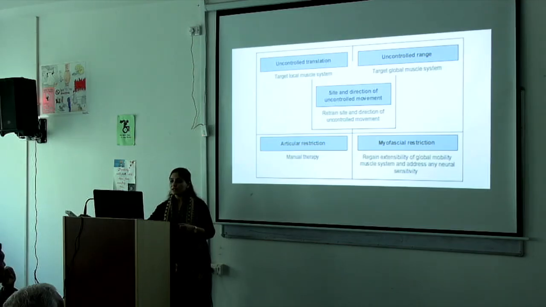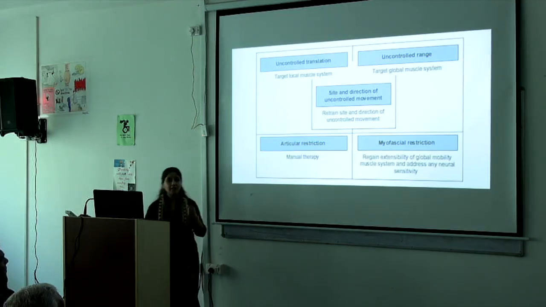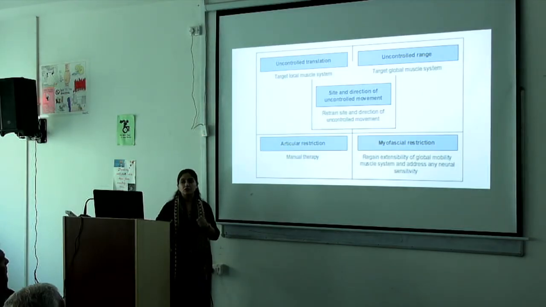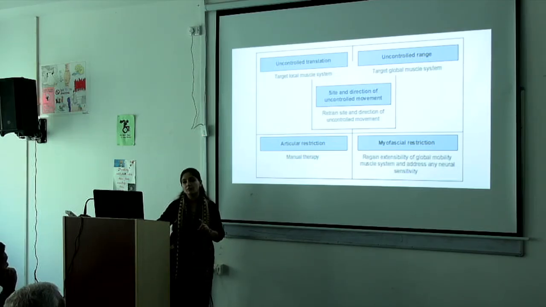Moving forwards, we talk about the uncontrolled translation and the uncontrolled range. Uncontrolled translation means the uncontrolled movement pattern that has happened. We will be targeting the local muscle system, that means the muscles which are responsible for the particular spinal stability, as well as the global muscle system for the range of motion.